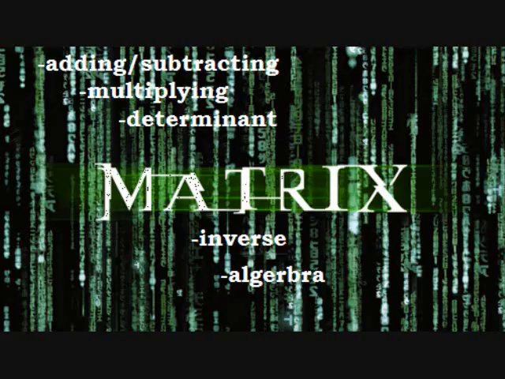Ta-da! So we're just going to go over some ground rules for matrix algebra because we've already gone over all the components that are involved in it. So there's only a few ground rules. 1, PEMDAS always still applies in algebra no matter what you're doing. Okay? 2, matrix multiplication is not commutative. So if you're multiplying a matrix on the right side of another matrix on one side, you have to multiply it on the right side of the matrix on the other side.